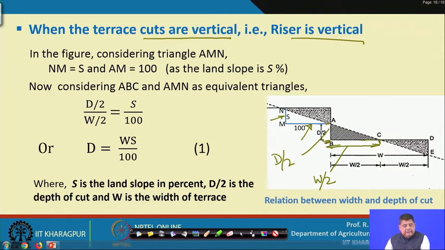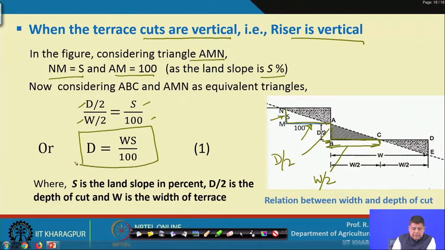So, in that case, if we consider triangle AMN, NM is S and AM is 100 because the land slope is S%. Now, we consider triangle AMN and triangle ABC as equivalent triangles. So, that simply means d by 2 by W by 2 for triangle ABC is equivalent to S by 100 for triangle AMN or NMA, whatever you call. So, from here we get D equals WS by 100.